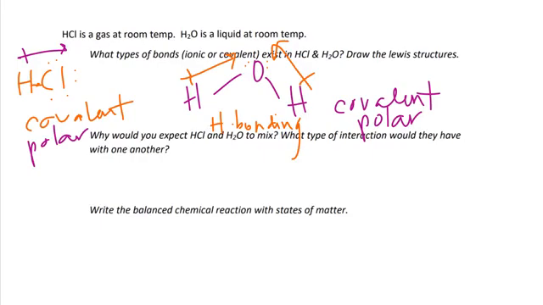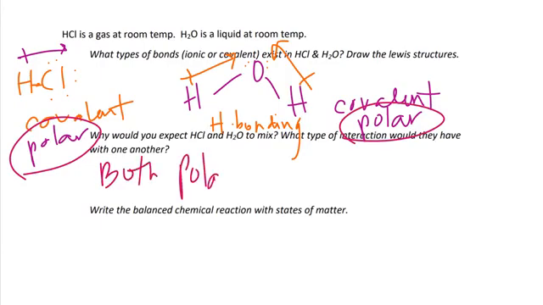All right, so why would we expect these two to mix? Well, similar to the last one, they're going to mix because they're both polar, right? Likes mix. And then let's show how they're going to mix. So we know that I have, again, my H and Cl, and there's my dipole like this, so this is my slightly negative. And if I look back at my H2O, my slightly positive end is my H, correct?